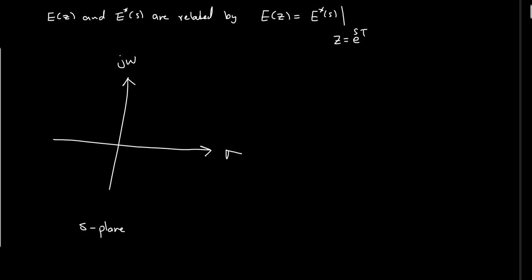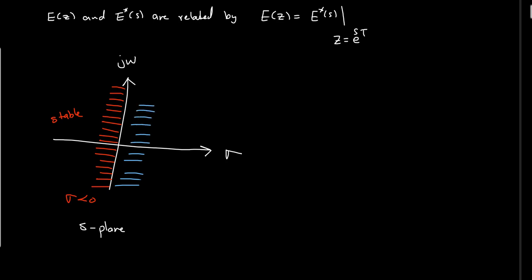And we know that in the s-plane, if all the roots of the characteristic equation have a negative real part, which means that sigma less than 0, the system is stable. If at least one root has a positive real part, so this means that sigma greater than 0, the system is unstable.